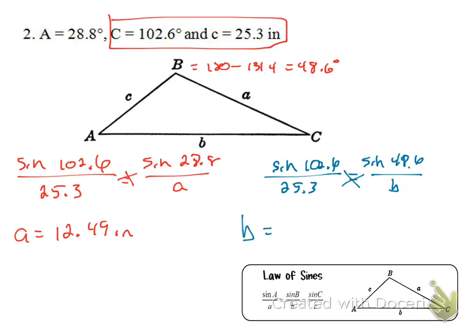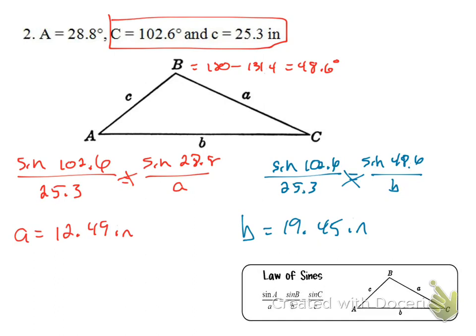So cross multiply 25.3 times the sine of 48.6, and then divide by sine of 102.6. And you get 19.45 inches. Okay? And there you go.